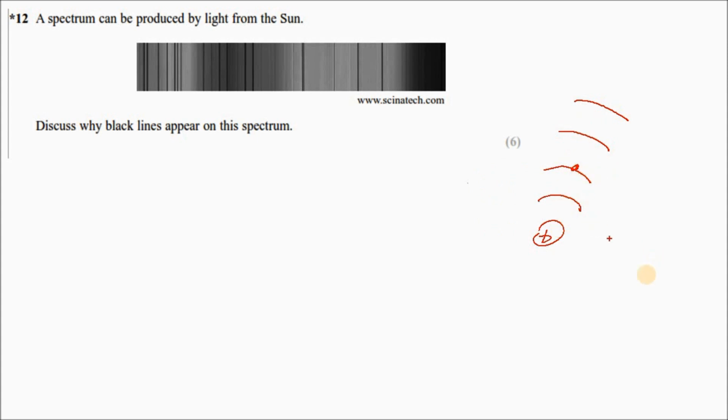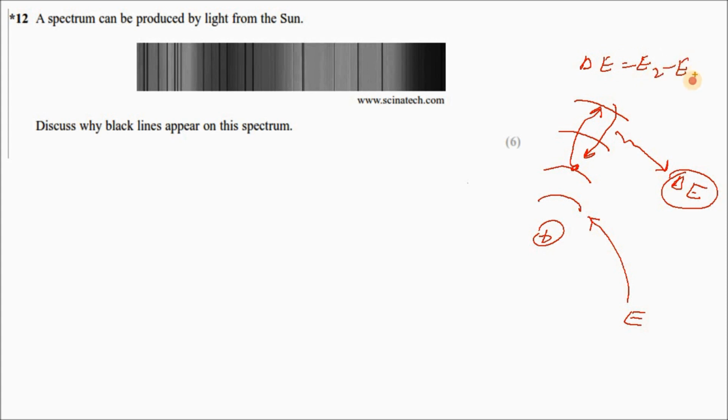And then if the atom absorbs some energy from outside, the electron becomes excited and goes to a higher energy level, and after some time it returns, and then it releases energy, delta E. And this released energy is equal to the difference between the two energy levels, where the electron is jumping from one orbit to another orbit, or one shell to another shell. So delta E is equal to, in general, E2 minus E1.